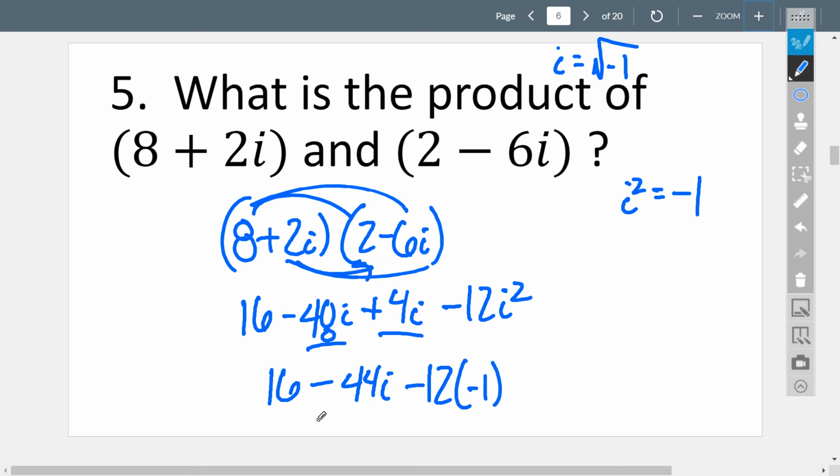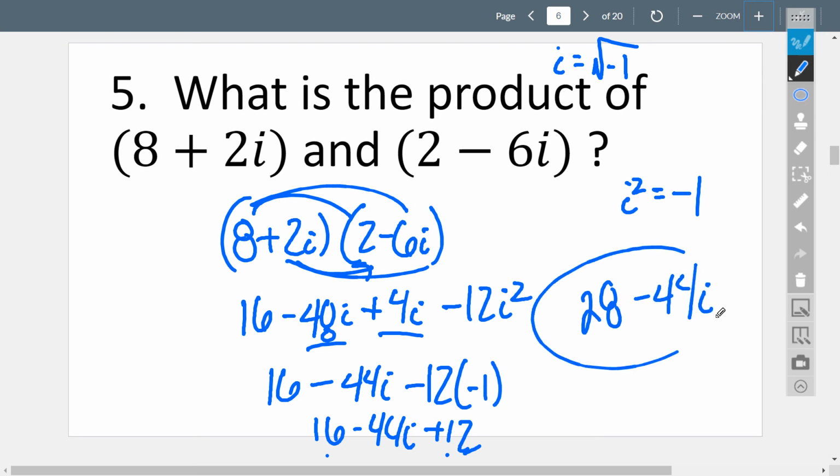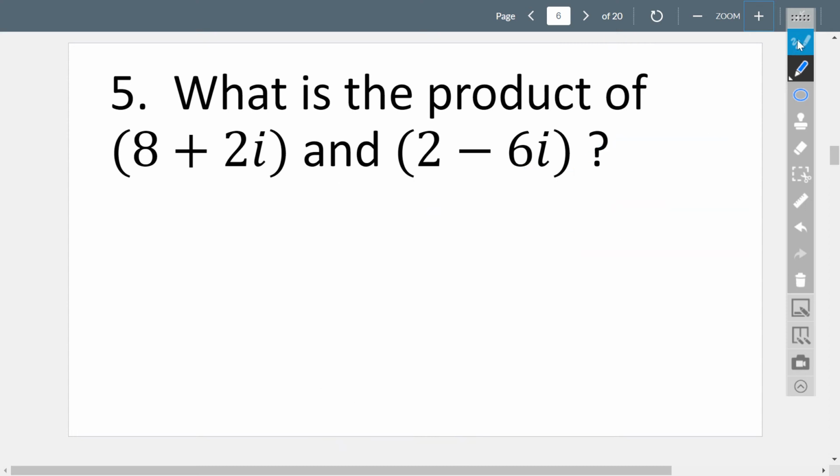So 16 minus 44i plus 12. Well, if you combine the 16 and the 12, that gives you 28. So we're looking at 28 minus 44i as the product, and that's a complex number. Just like these two are complex numbers, this is also a complex number, 28 minus 44i. Very important to remember, i squared is equal to negative 1.